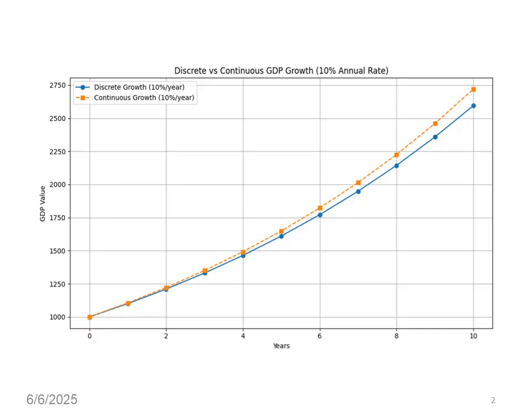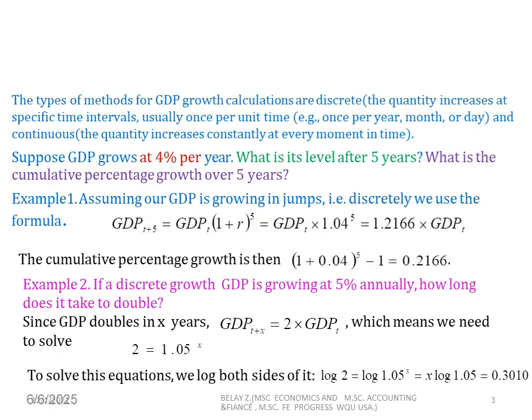Let us see what discrete and continuous GDP growth rates are. The discrete method for GDP growth calculation means the quantity increases at a specific time interval, usually once per unit time, for example once per year, once per month, or per day.